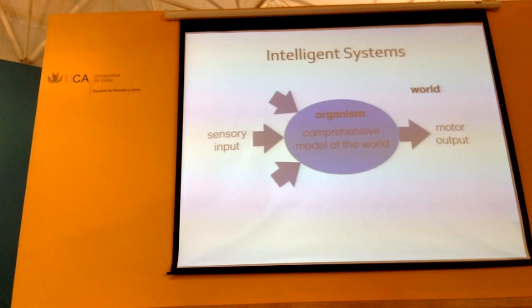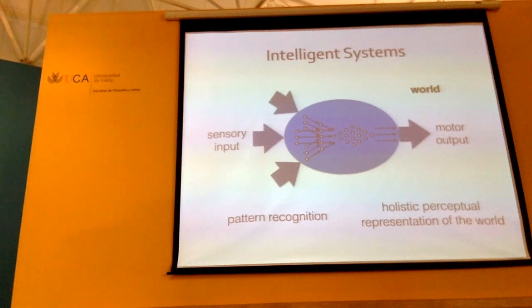And finally, of course, we want to understand intelligent systems, and I think for me, one important aspect about intelligent systems is that they have a comprehensive model of the world.